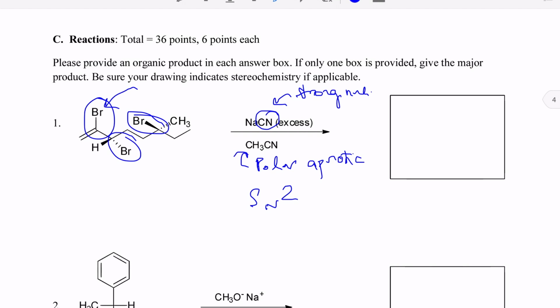And the reason for that is that an SN2 reaction is a concerted reaction, so it's all done in one step where the nucleophile, in this case the cyanide ion, would do a backside attack on an sp3 carbon and cause an inversion of stereochemistry.